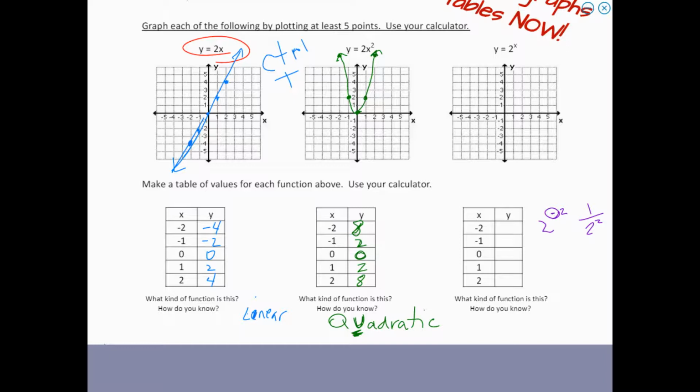Oh, 1/4. The table, it's 1/4. Remember that negative just means you're going to flip it and make it positive. So the power raised to the -2 is 1/2 to the +2, which is 4. So 1/4. And then the next one would be 1/2. Then we got 1, 2, and 4.